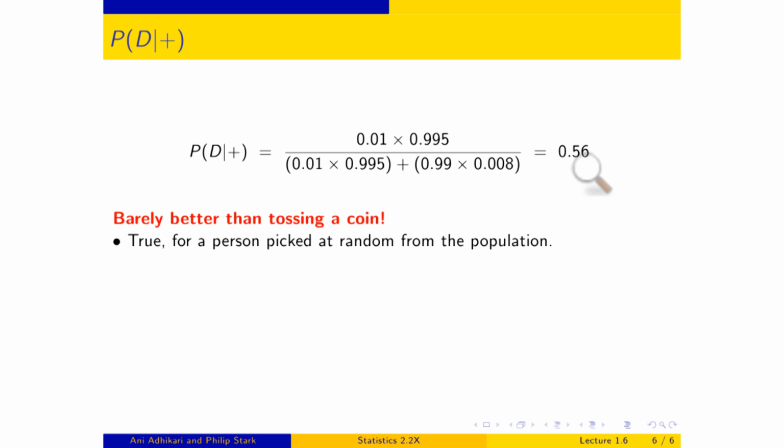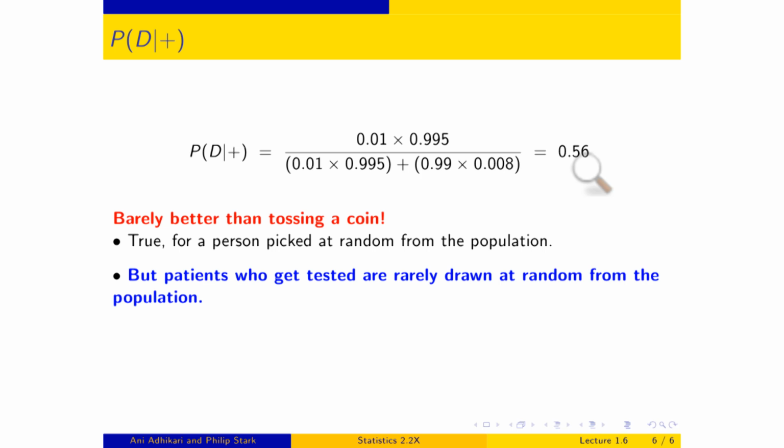The person was picked at random and given the test. The person picked at random from the population and tested. Is that the way people normally get tested? I don't think so. Patients who go to get tested go because they think there is some reason for them to get tested for that particular disease. And that immediately makes them not randomly picked from the population.